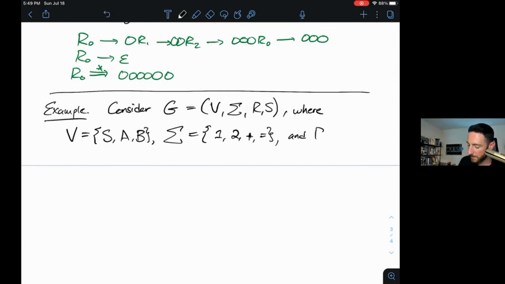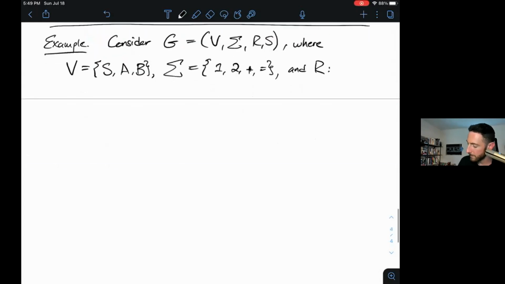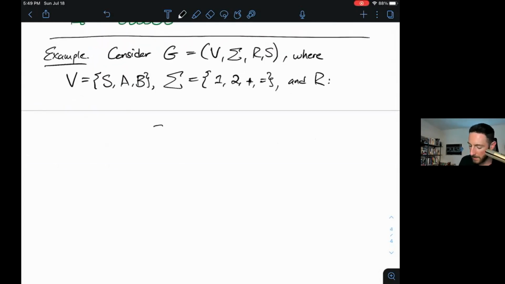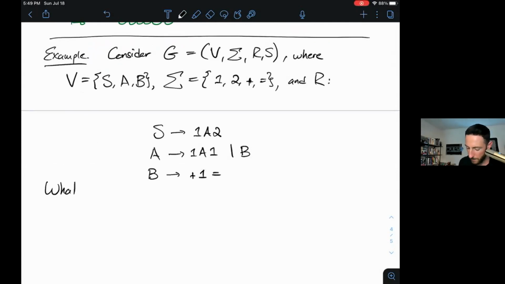And the rule set is S to 1A2, A to 1A1 or B, and B to plus 1 equals. So the question is, what language does this grammar describe?